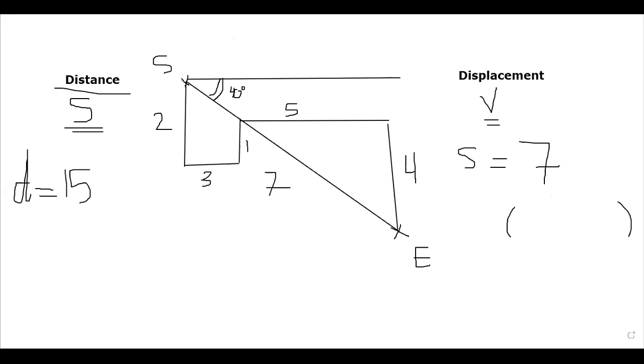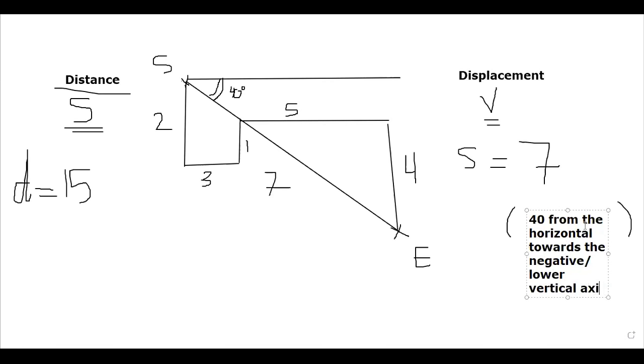We say here 40 degrees from the horizontal towards the negative, we can say lower vertical axis.